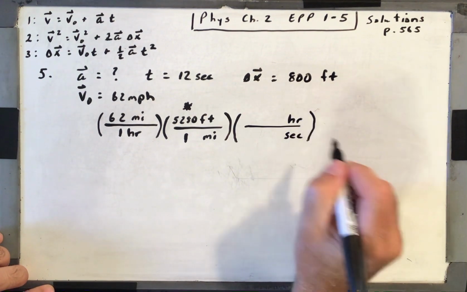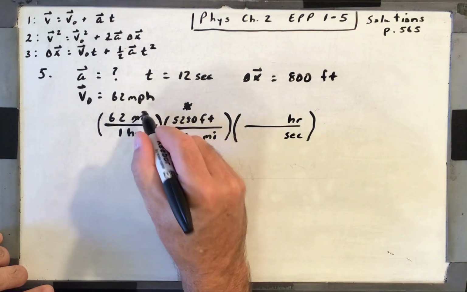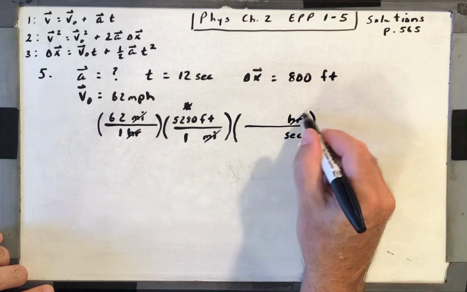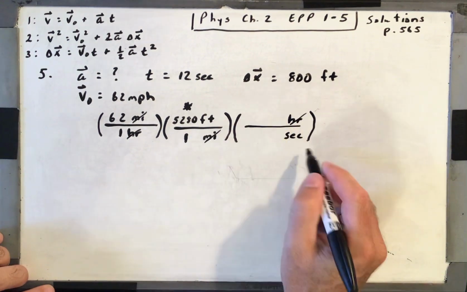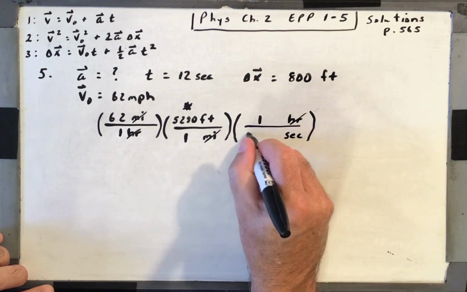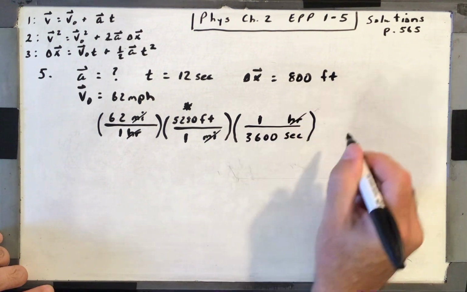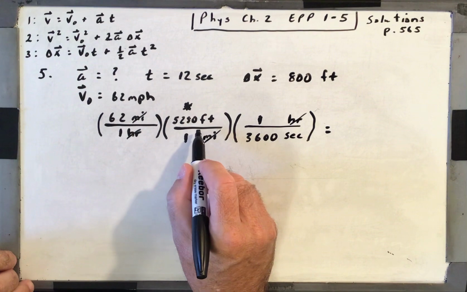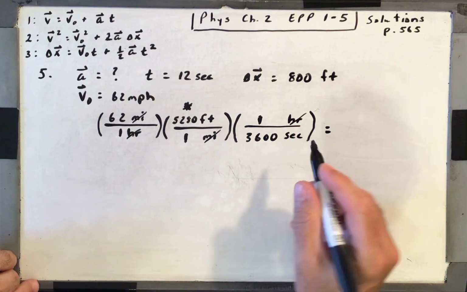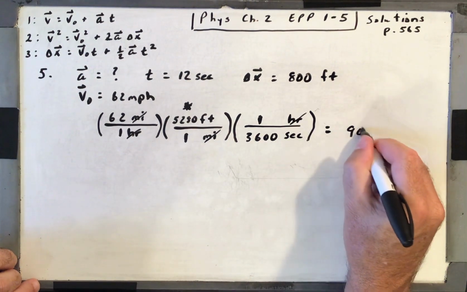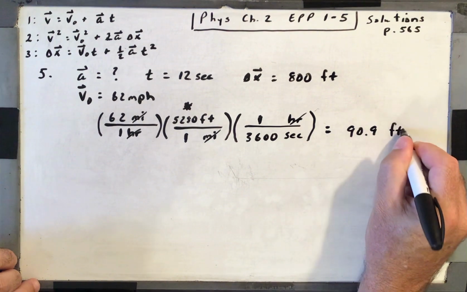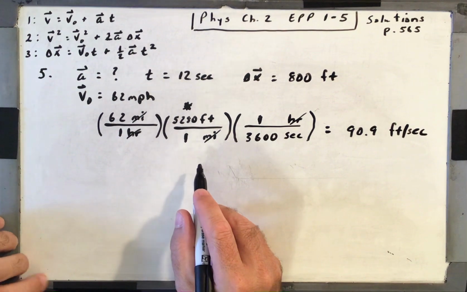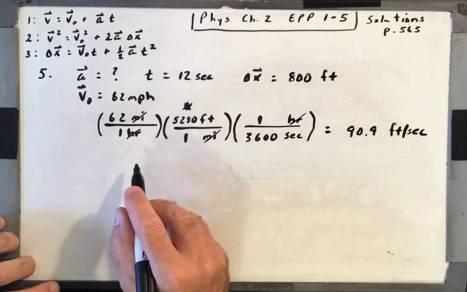We want to get rid of hours. So now my miles cancel, hours cancel, and what's left is feet per second. Hours bigger, 3,600 seconds in an hour. So 62 times 5280 divided by 3,600, that's 90.9 feet per second. Okay, so we had to do a little pre-work there to get our initial velocity.